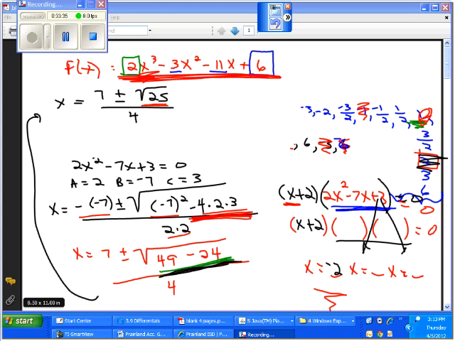We now can take the square root of 25, which is 5, and so we're going to have x is equal to 7 plus or minus 5 over 4. Okay? I'll move this to the side in case you need to see that for a while. Then we'll just move this over here. So we're going to have x equal 7 plus 5 over 4, or x is equal to 7 minus 5 over 4.